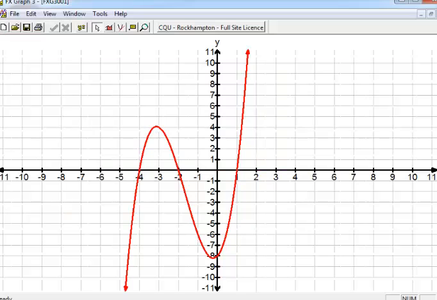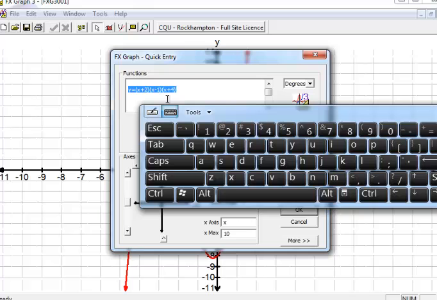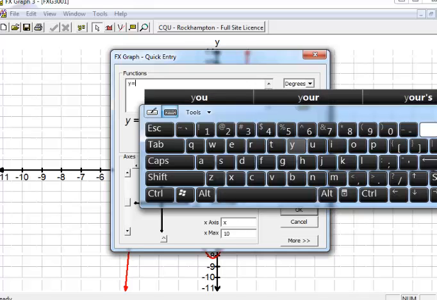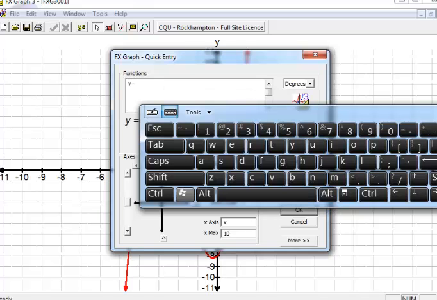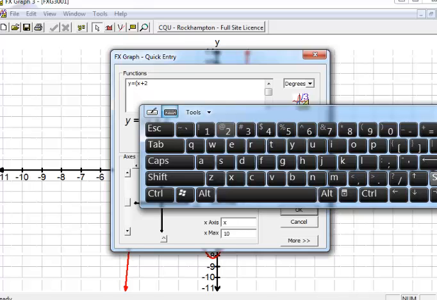Okay, if I wanted to look at some other examples, so y equals, now square root, I'm going to put to the power of 0.5 so we can see that. So x plus 2, and we'll put that to the power of 0.5.